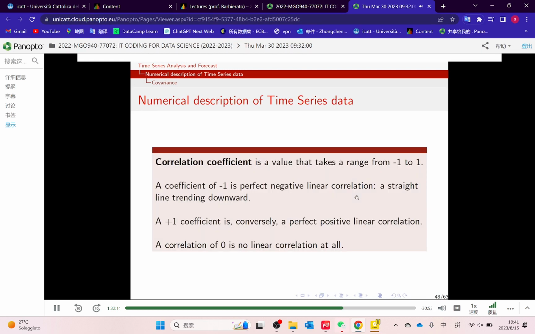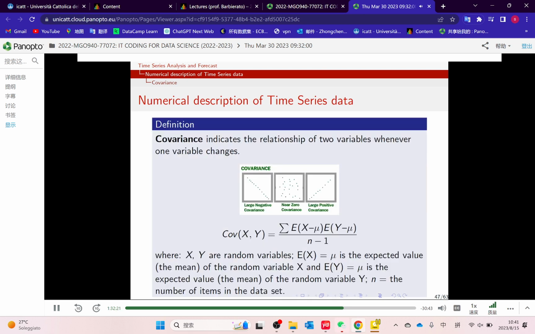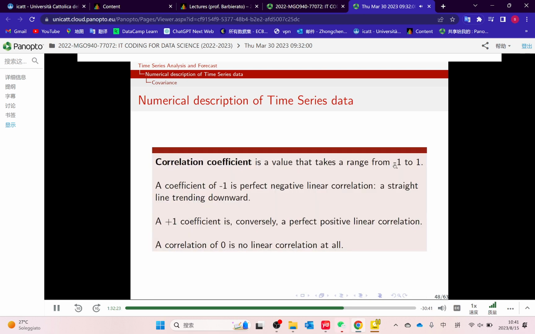You can be more precise and use the correlation. The correlation coefficient is just another way to consider the covariance, but the advantage is that you will have a number oscillating between -1 and +1. Again, 0 means that there's no correlation of any sort.